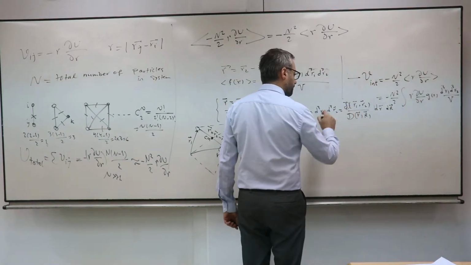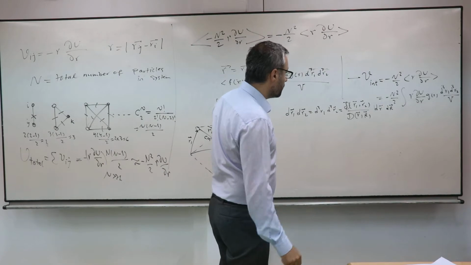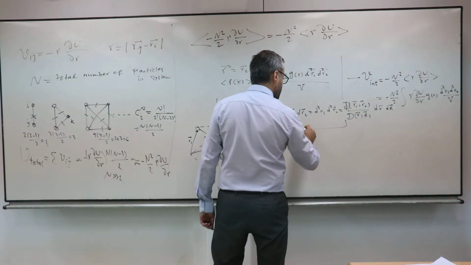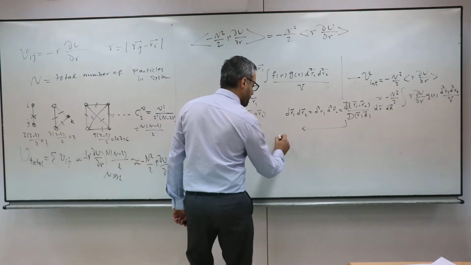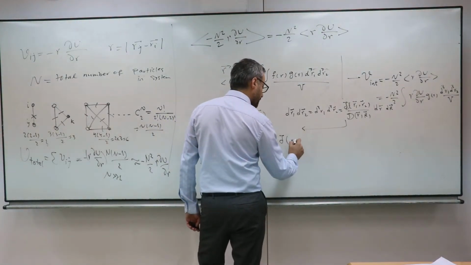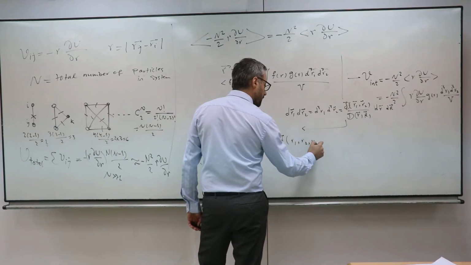What is this Jacobian? Let's call it the Jacobian of the transformation from r1, r2 to R and r.